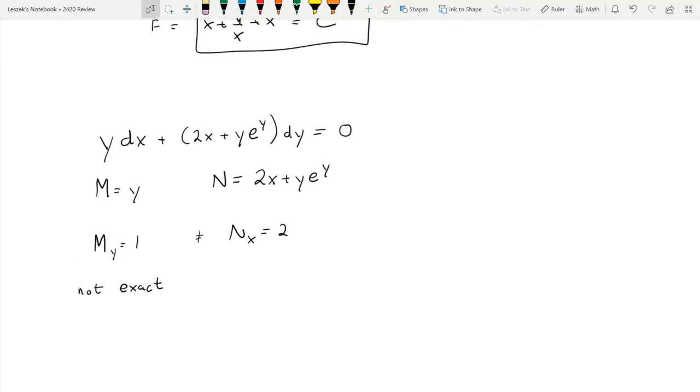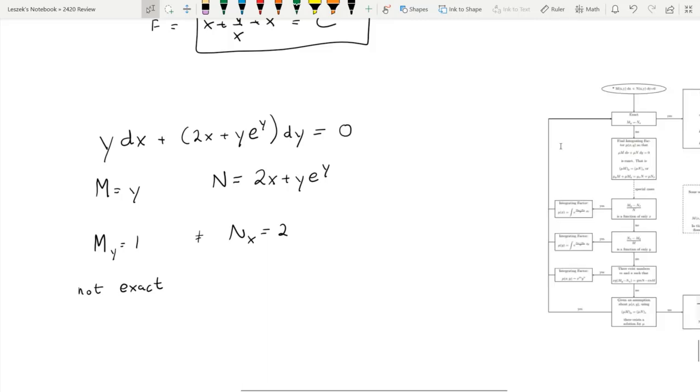So we're going to try to find an integrating factor, and we're going to check for the two special cases, which I always forget what they look like exactly. So all right, we're going to check whether this is a function of x only. I'm going to do that one. Nope, not a function of x only.